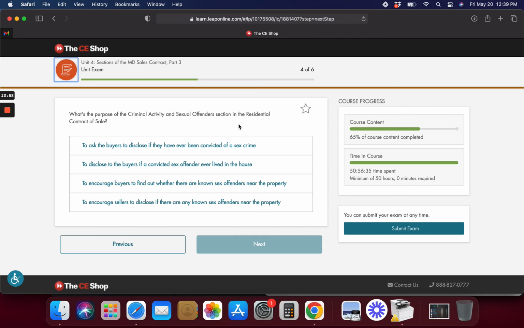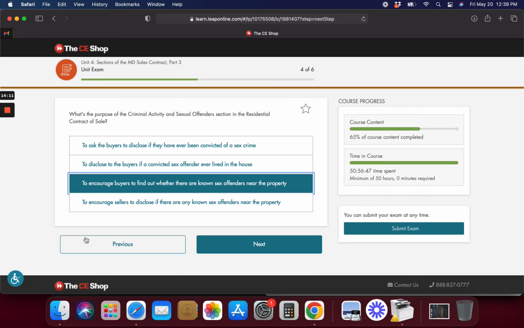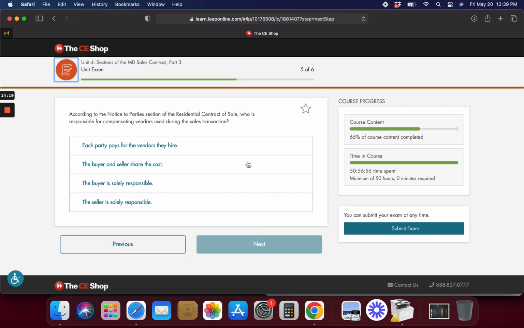All right, what is the purpose of the criminal activity and sexual offenders section? To find out if there are known sex offenders near the property. All right.